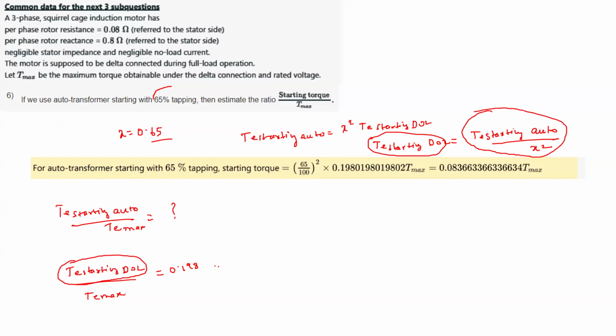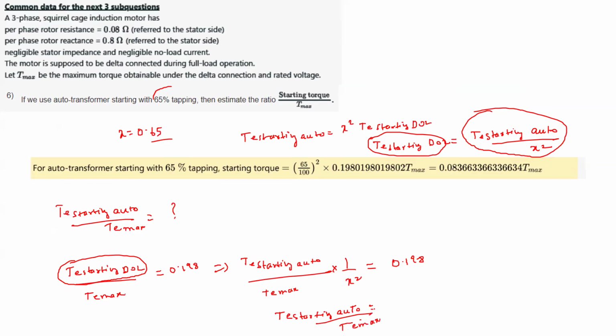Which will give you T starting auto transformer by T max, and then 1 by x square, is 0.198. So T starting auto transformer by T max is x square into 0.198.